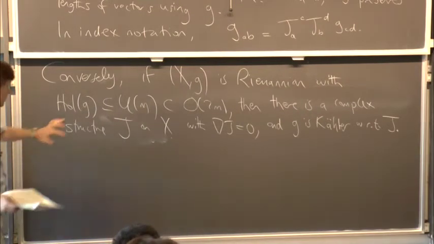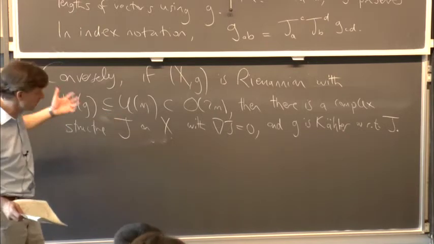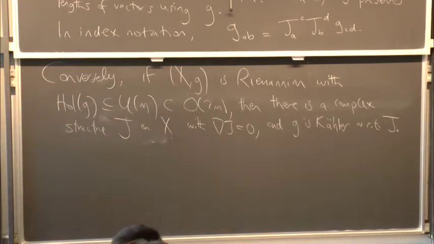Well, for example, for any complex manifold, you can always replace J by minus J. Minus J will also be a complex structure, and g will be Kähler with respect to that.